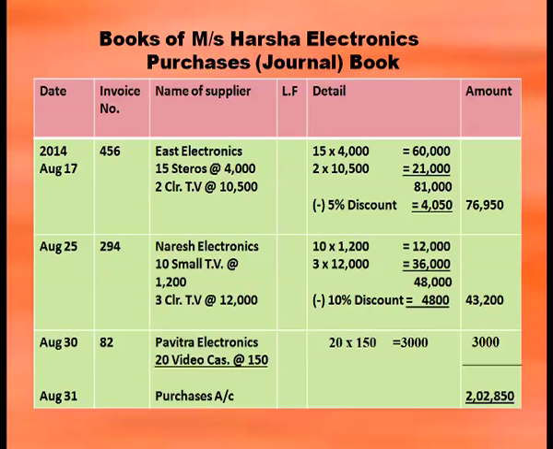So that amount will be written in the amount column after totaling, and in the same line in the name of the supplier column you will write purchases account, and date you will put last date of that particular month. That is August 31, purchases account 2,02,850. So you have prepared the purchases book of Harsha Electronics.